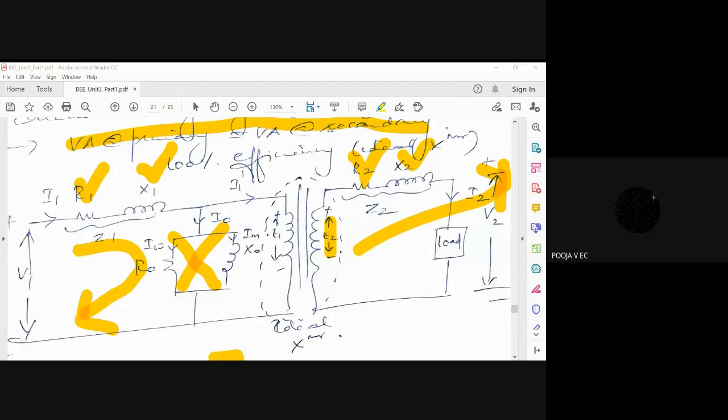Minus I1 R1. Then you can group it. It's a single term Z1, so I can write minus I1 Z1, right? Yes, sir. What about the sign of V1?